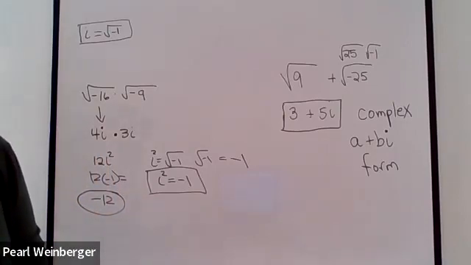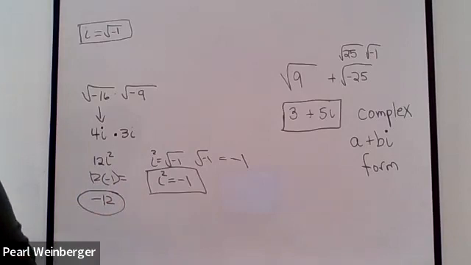The big thing we're always going to have to remember is that when we're multiplying numbers that have i's, if it just ends up being i, fine, just leave it i. But if it ends up being i squared, replace the i squared by -1, because i squared can be simplified to the real number -1.